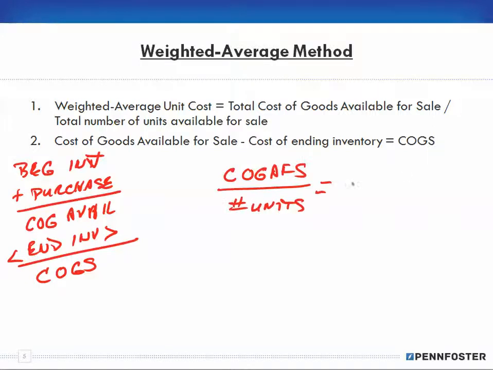That's going to give me a cost per unit. Then I can take that cost per unit and multiply it by the number of units, in order to give an overall valuation for that specific item.